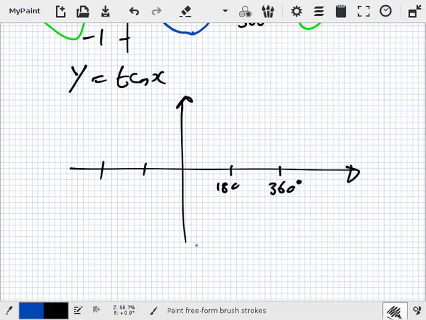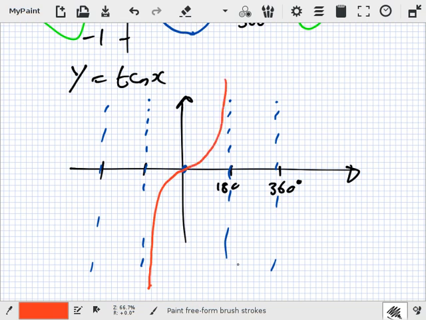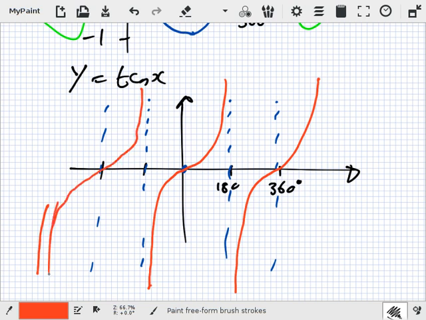So if I draw dotted lines every 180, it spikes, and then spikes again, like this, and then it would have spiked there as well.